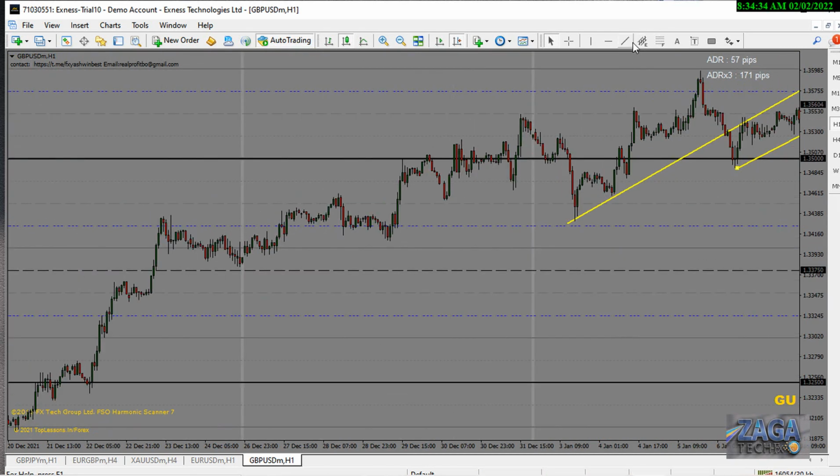Okay, let's take a look at this, guys. You see? All right. This is a trend line from here to here. But before we draw from here to here, we need to take from here to what? To here.